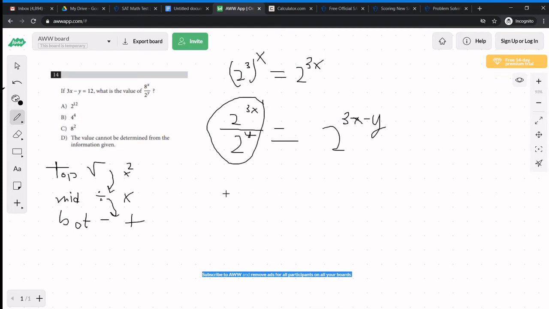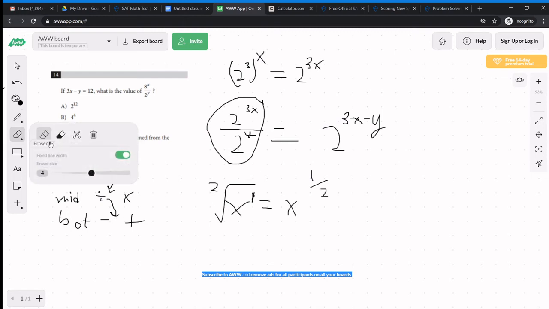If you have the square root of x, that's the same thing as x to the power of 1 over 2, right? Because it's just x to the power of 1 here, and the square root of that. You're moving from square roots down to division. That's how I like to think about it, and I think it's a pretty good way to keep that in mind.